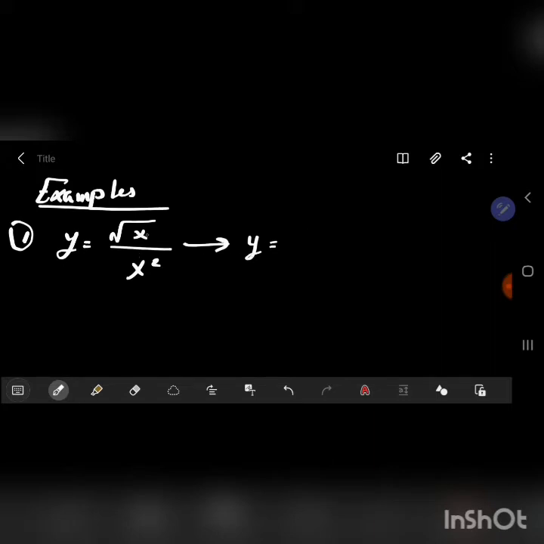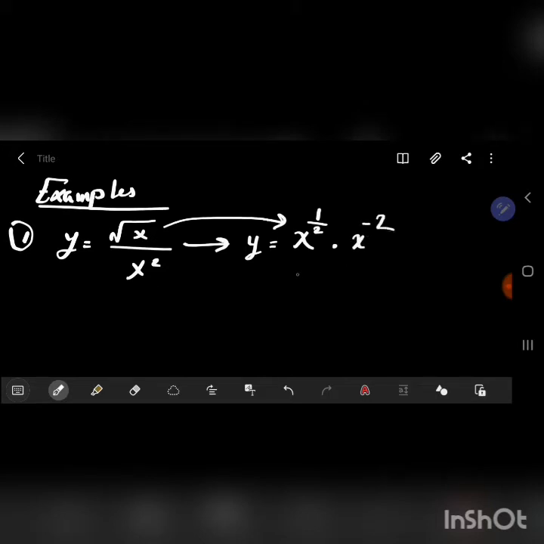Y equals root x will transform to x to the power half. Why do we do that? Because the root transforms to a power of half. If I move x squared from the denominator to the numerator, it will transform from positive to negative.